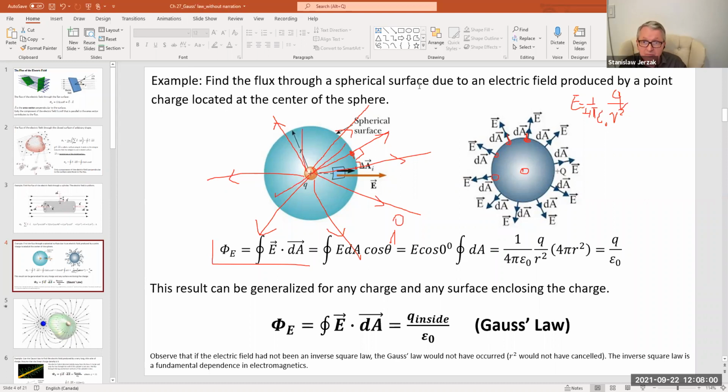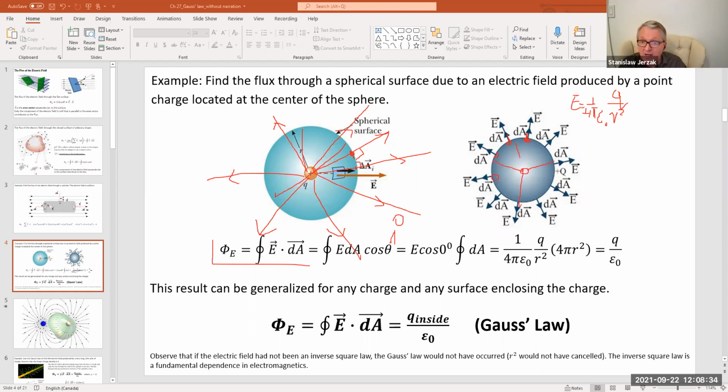So as you see, the electric field has a constant magnitude at every point on the surface of the sphere, because the electric field in terms of magnitude depends only on the distance. In terms of direction it is radially away, but in magnitude it depends only on the distance from the point charge, and every point of the sphere is the same distance r from the center.